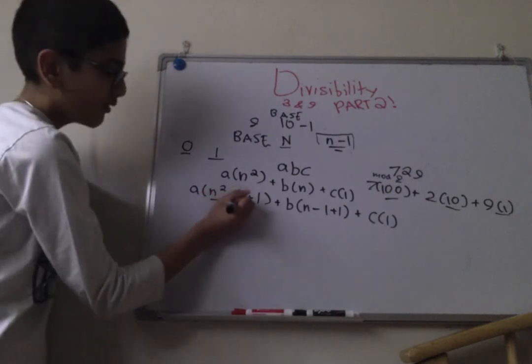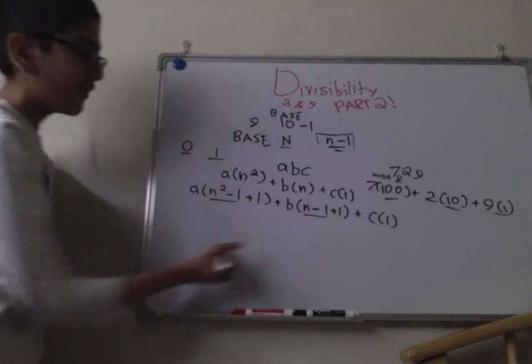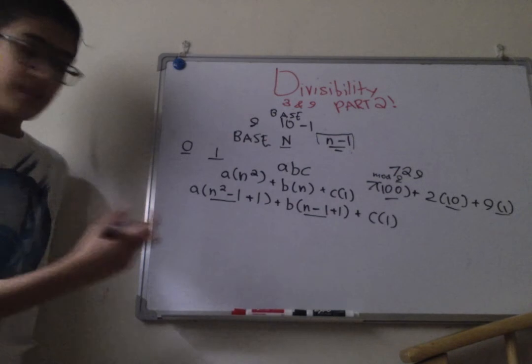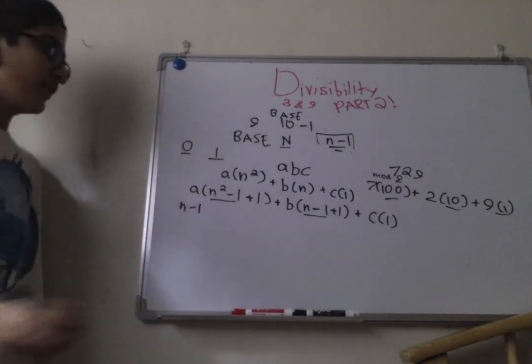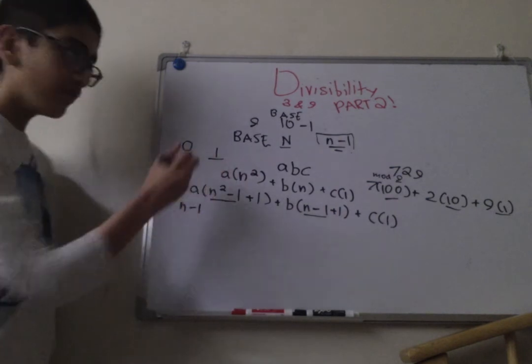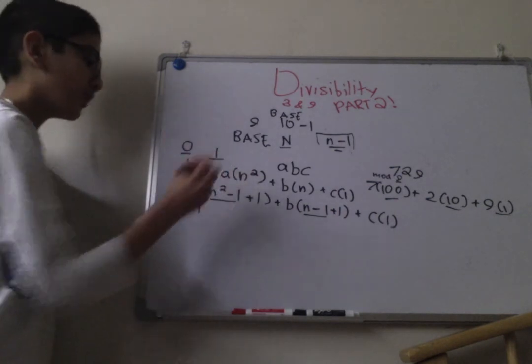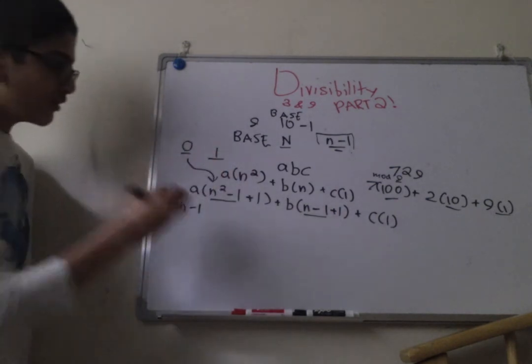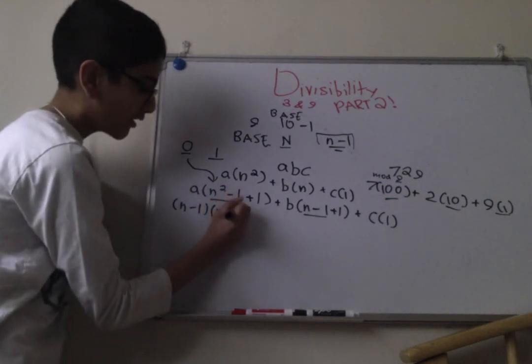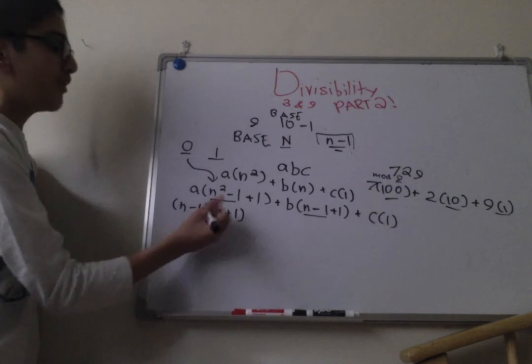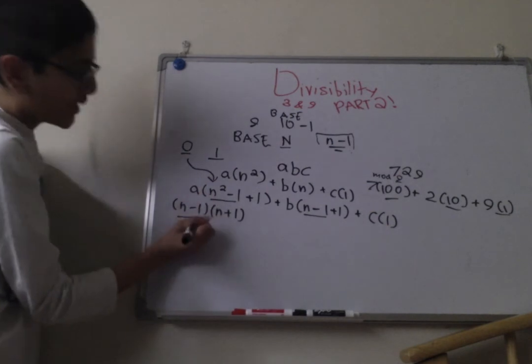So, these numbers have to be divisible by n minus 1. Because they're supposed to be congruent to 0 modulo n minus 1. So they must be divisible. So one thing we know is that n squared minus 1 is the difference of squares, so it'll already be divisible by n minus 1.